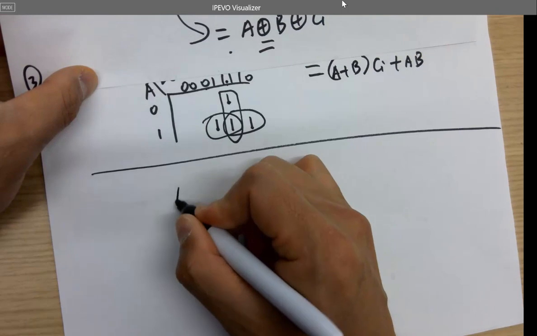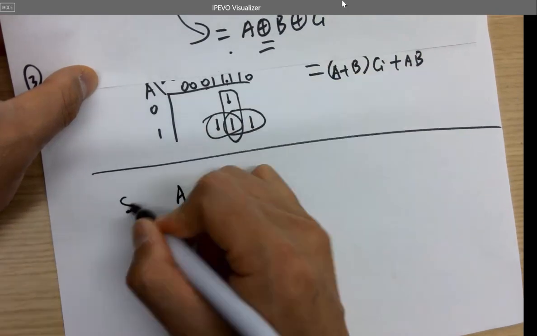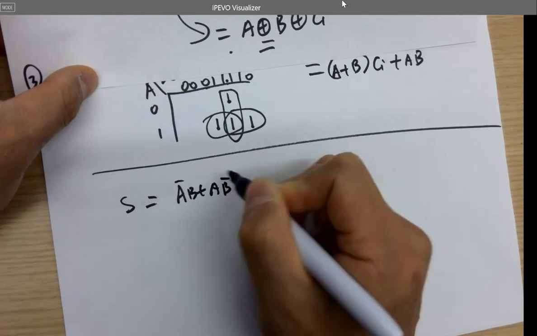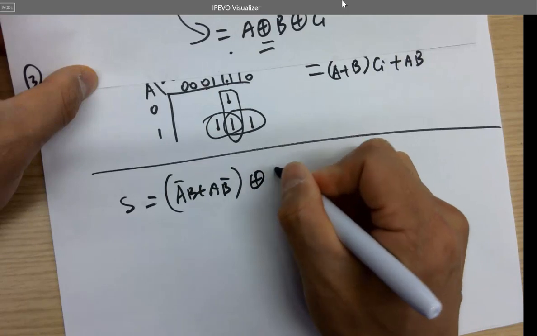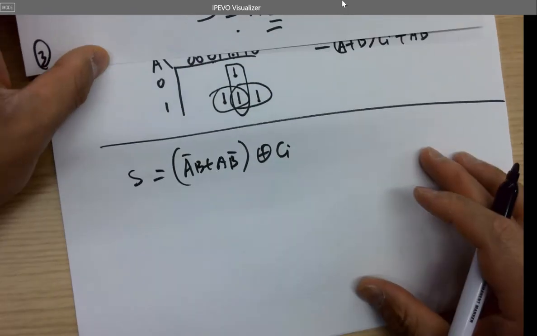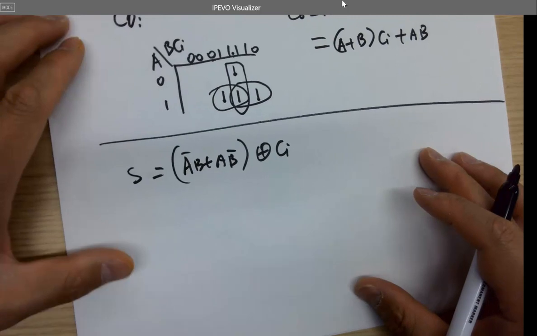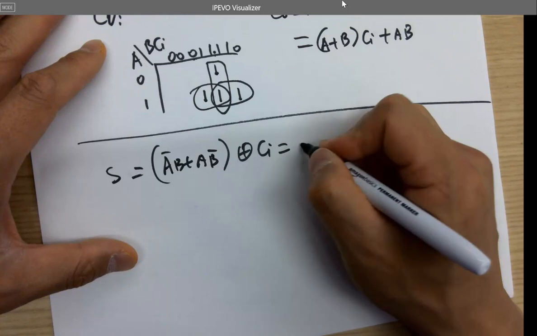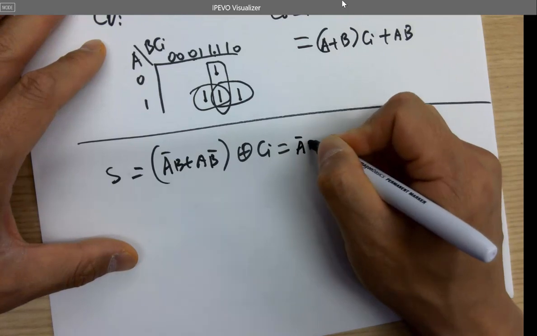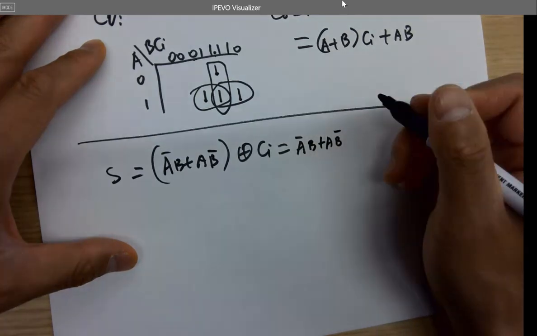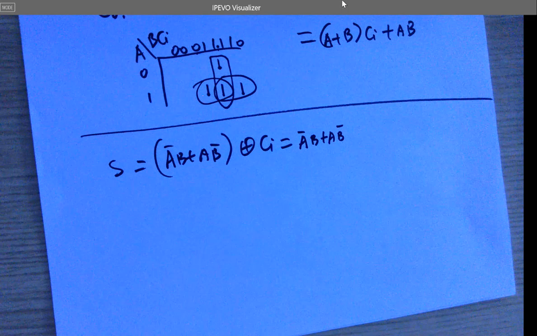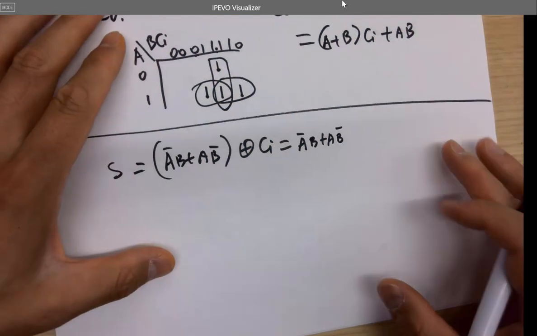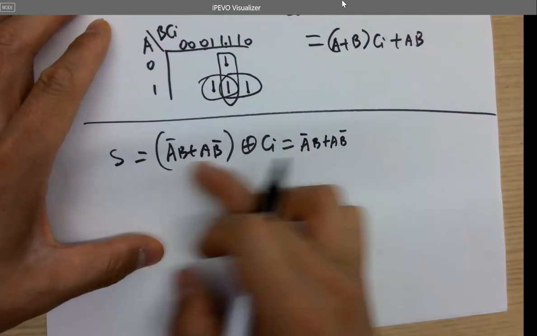Okay, so first we should write this down for S. A not B or A B not, XOR CI, right? And this equals A not B or A B not, expand it.